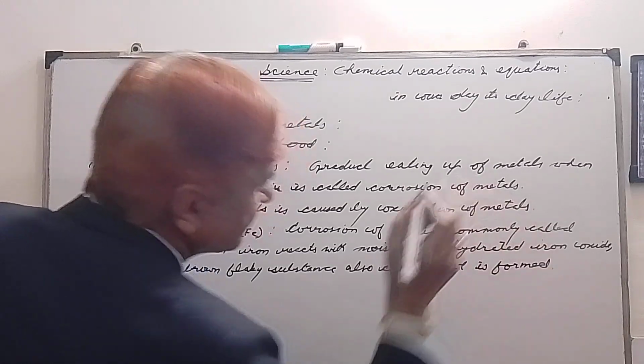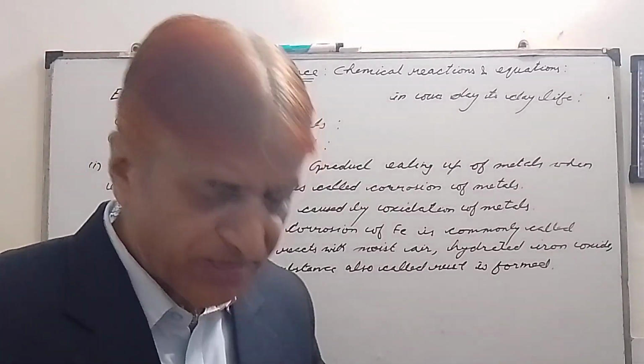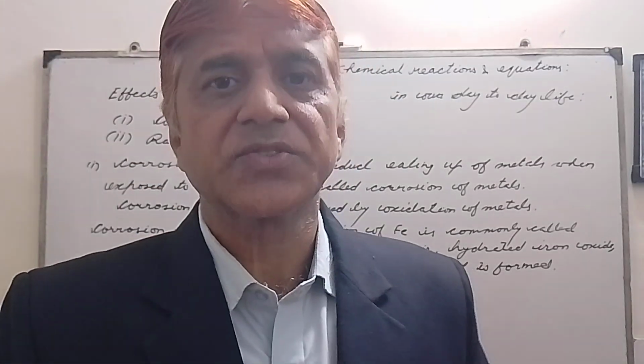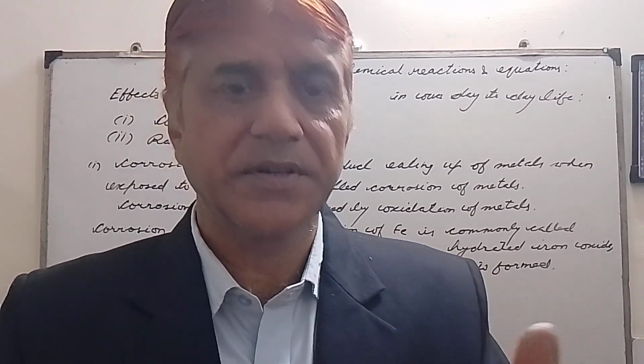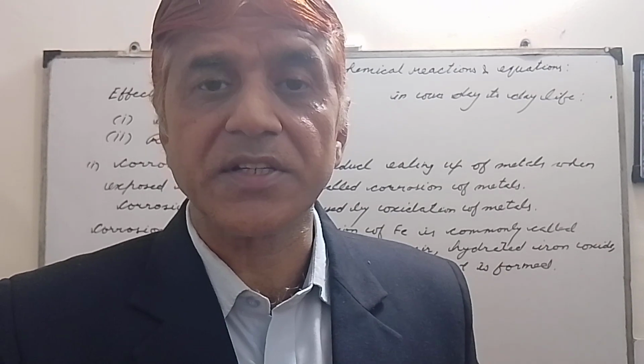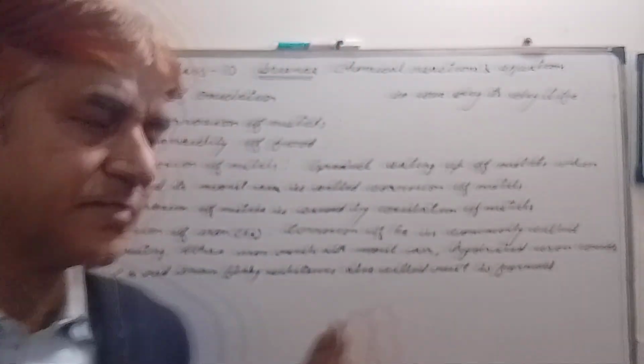So what happens is that when iron reacts with moist air, a red brown flaky substance, which is also called rust, that is iron oxide, is formed.